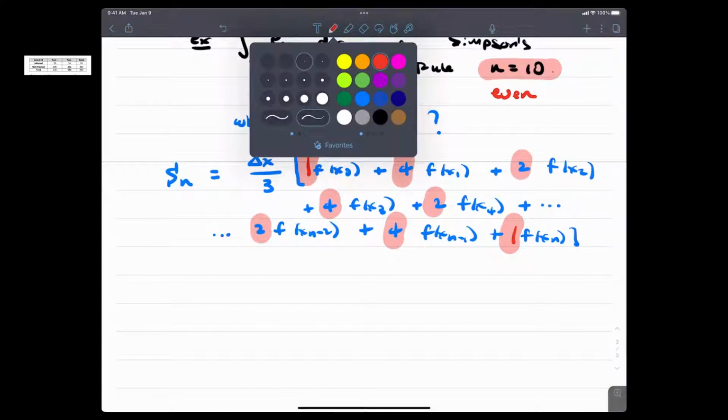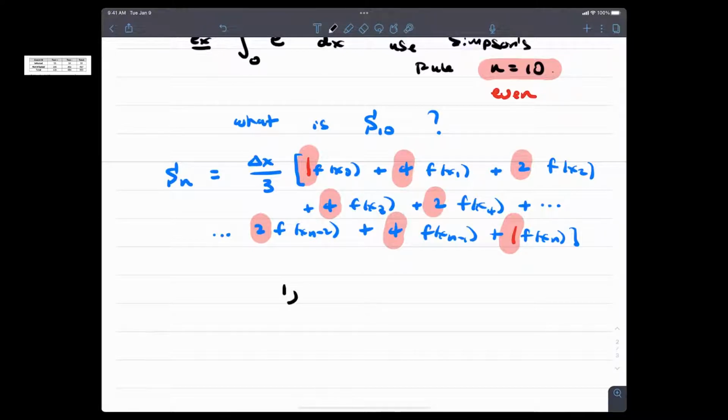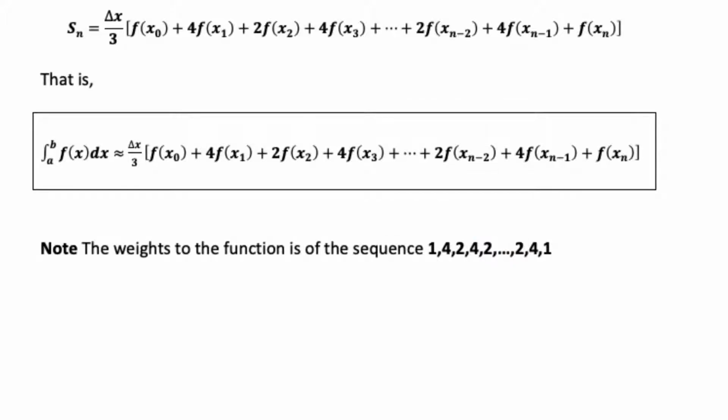The weights here is a sequence: 1, 4, 2, 4, 2, forever, 4, 2, 4, 1. So when I wrote this down on that sheet for you, remember the weights, because that's going to be an important detail in your formula. It alternates between 4, 2, 4, 2 until you get back to the 4 and then a 1. And that worksheet's on the website, so you guys can have that.